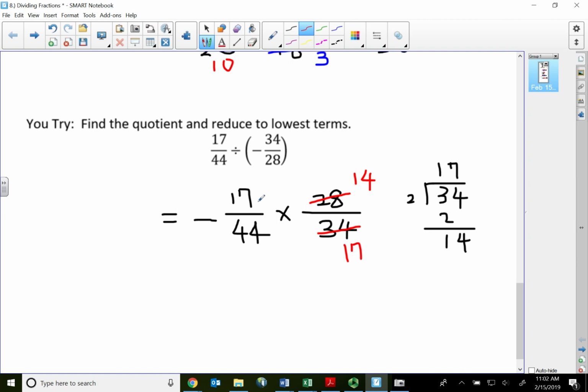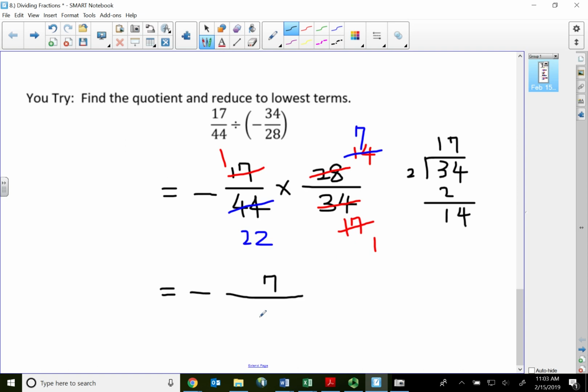And I see there's another 17 on top. So the 17 and the 17 can be reduced by 17 itself, so that will be 1 and 1. I know the 14 and 44 can be reduced by 2. That gives me a 7 up here. 2 going into 14, 7 times. 2 going into 44, 22 times. And I think that's it for the reducing. My final answer, negative 7 over 22.